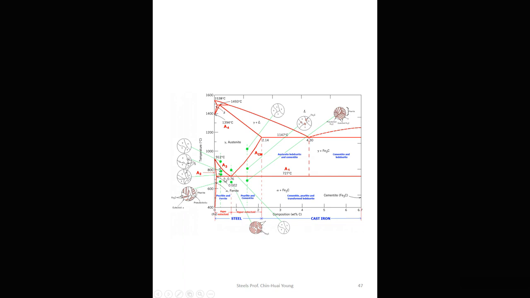Here is less than 0.8%: ferrite and perlite, because this is a construction material, construction steel. And here, almost no carbon content, is a pure gamma and a pure ferrite because no carbon content. Okay, so everybody, now we will close the section and we will go on to another topic.